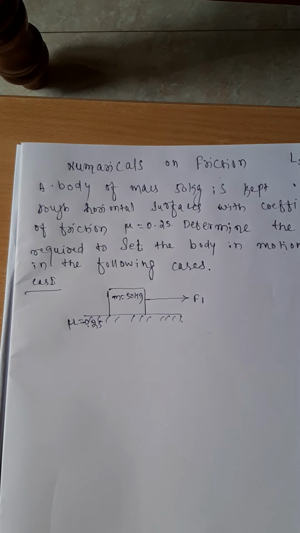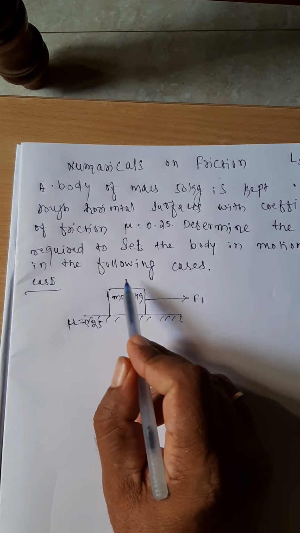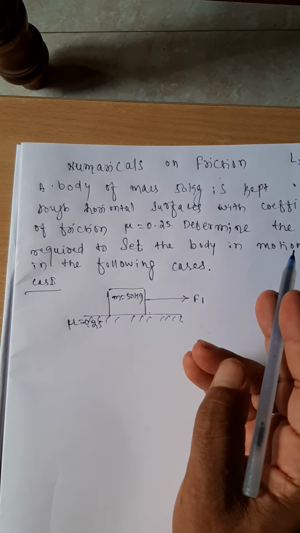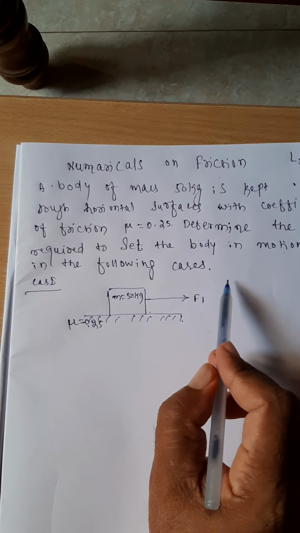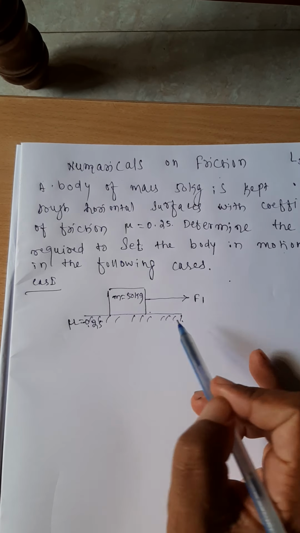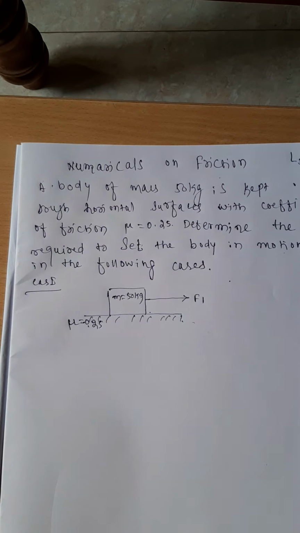So how are you going to attempt the problems related to friction in general? First, you need to decide in what way the body may move because of the applied force. Mark the direction of the impending motion. Next, mark the direction of friction opposite to the direction of the possible motion.